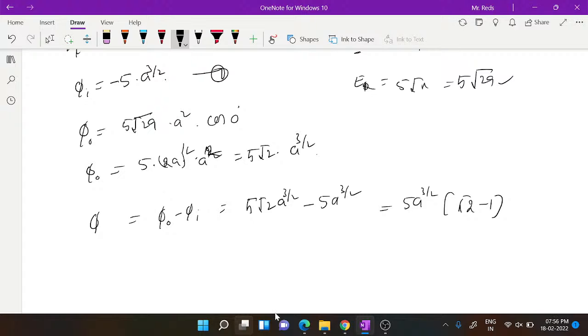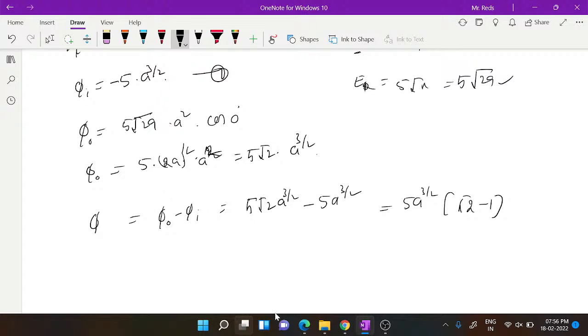The formula is phi naught minus phi i, and we have already taken this into consideration, so it is not minus of minus.